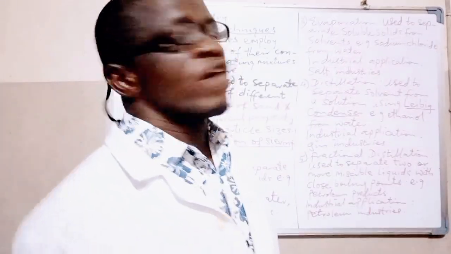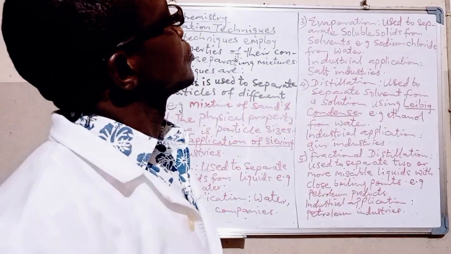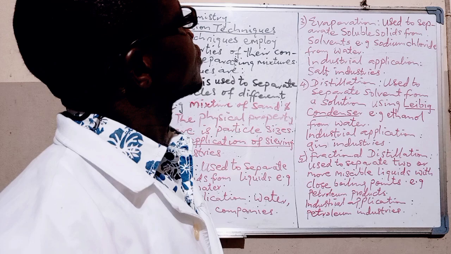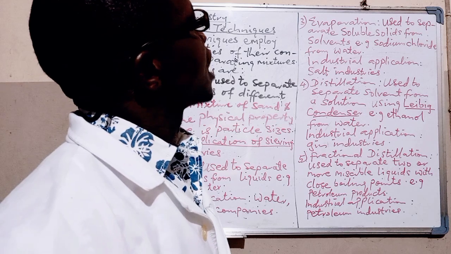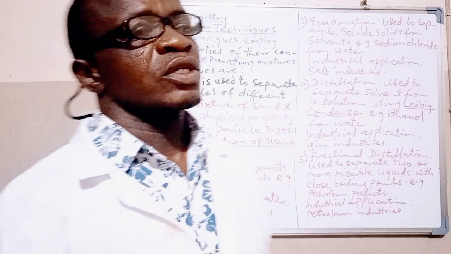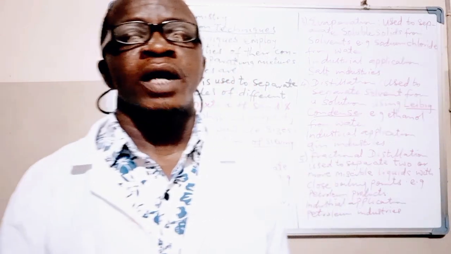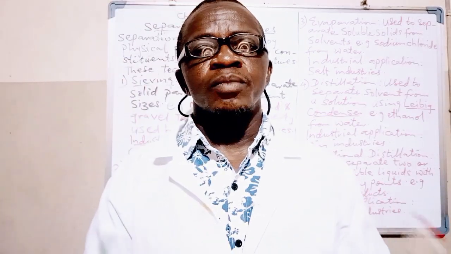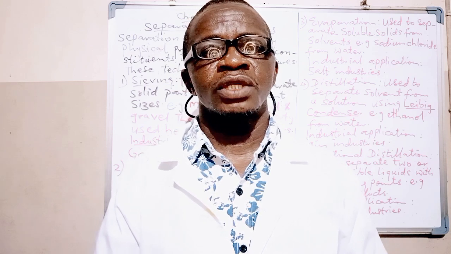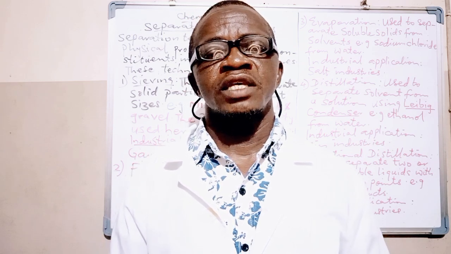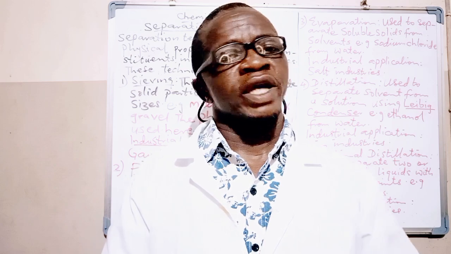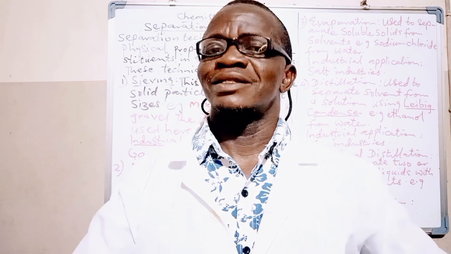Number three, evaporation. It is used to separate soluble solids from solvents. Example, sodium chloride from water. When I say sodium chloride, I'm talking about edible salt. The salt you use in cooking is called sodium chloride. If you pour it inside water, you can separate it after it has dissolved.